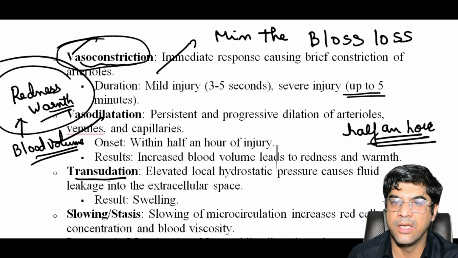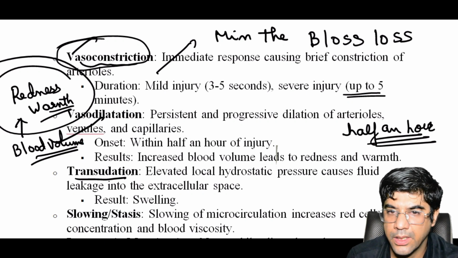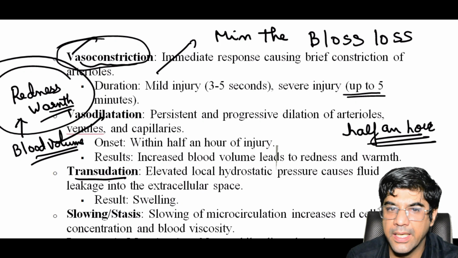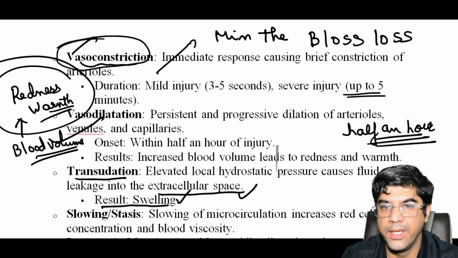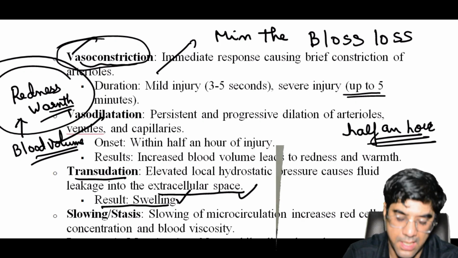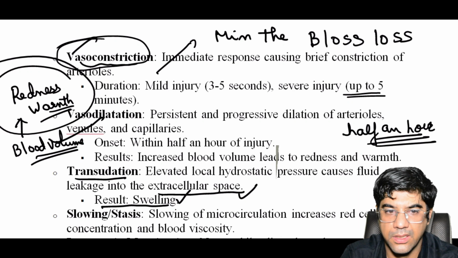Due to the elevated local hydrostatic pressure, fluid leaks into the extracellular spaces, which results in swelling. The fourth is stasis. The slowing of the microcirculation increases the concentration of red cells and the blood viscosity.